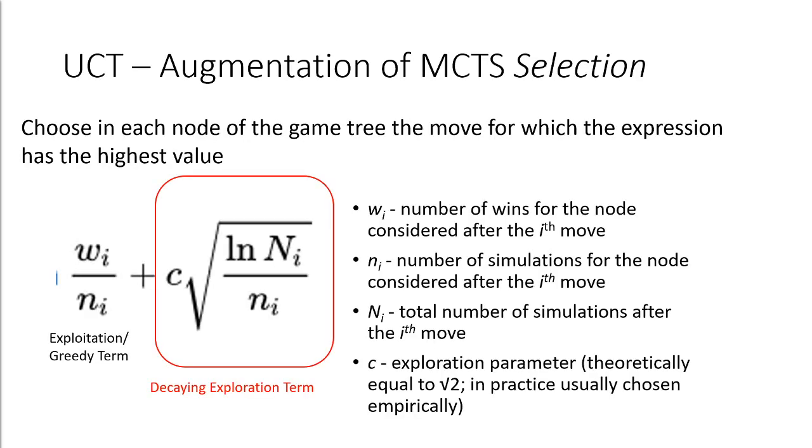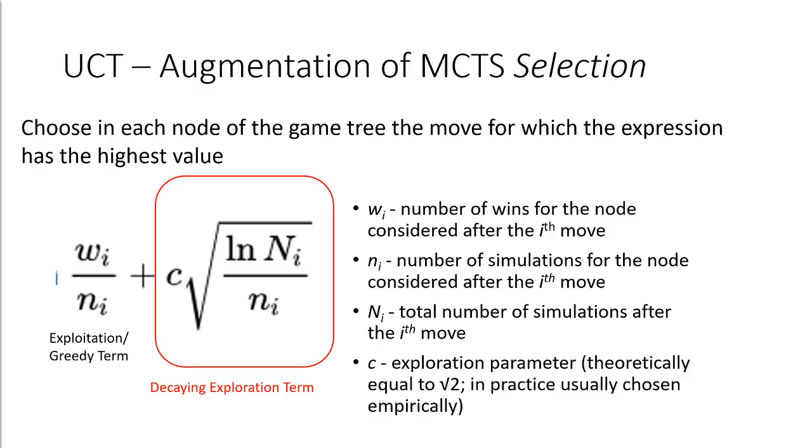And so we're going to have this little augmentation in terms of making our selection for which move to expand upon. And so we've got this equation here where we're going to consider the wins for the node.